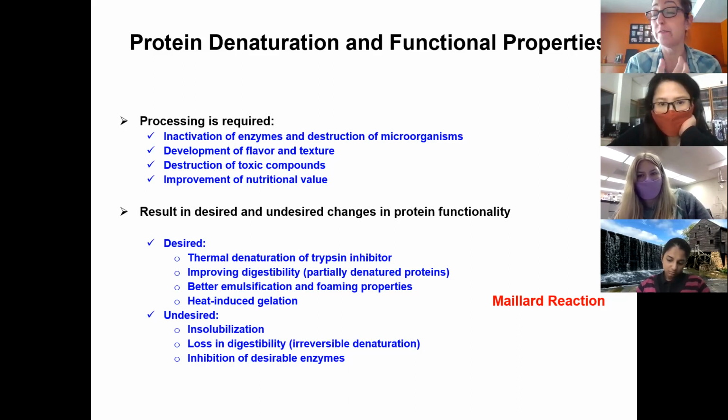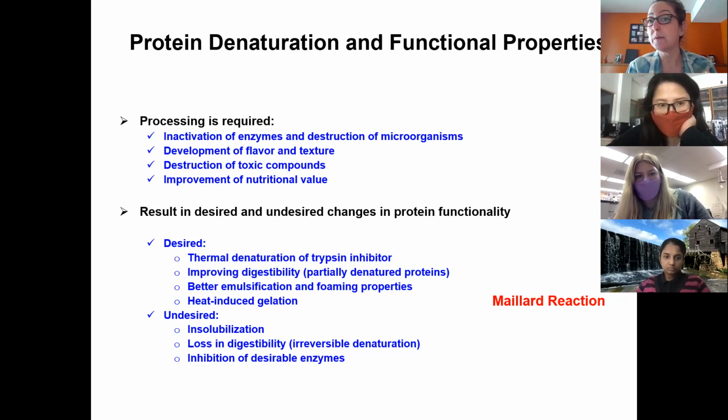We talked about better functionality: emulsification, foaming, heat-induced gelation. And the undesired, we talked about solubility. If the protein is completely denatured and polymerized, it's going to be insoluble, fall out of solution. It won't be functional. So that is undesirable.